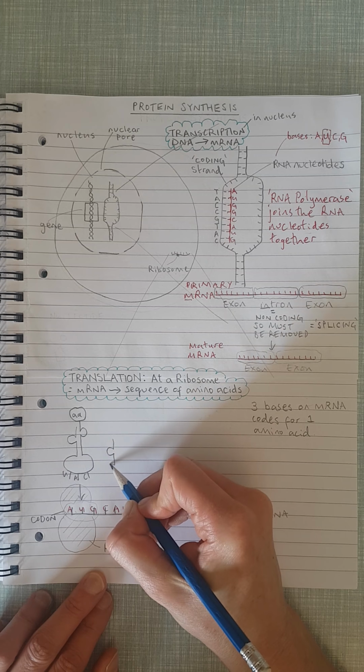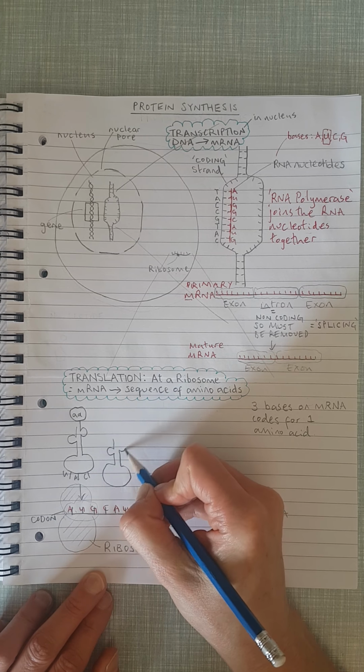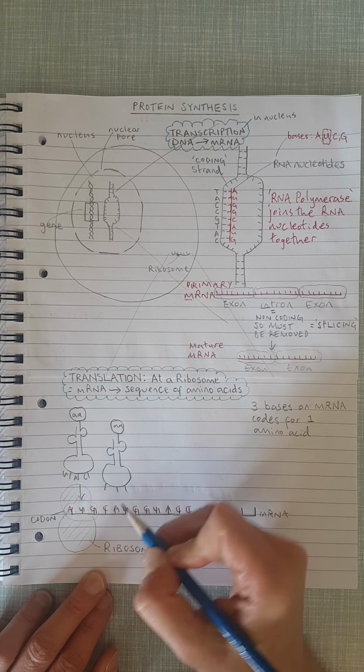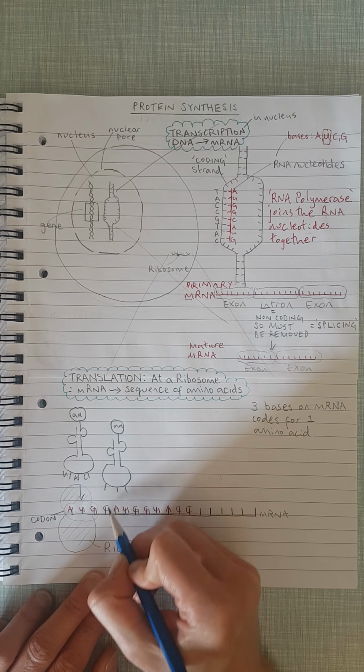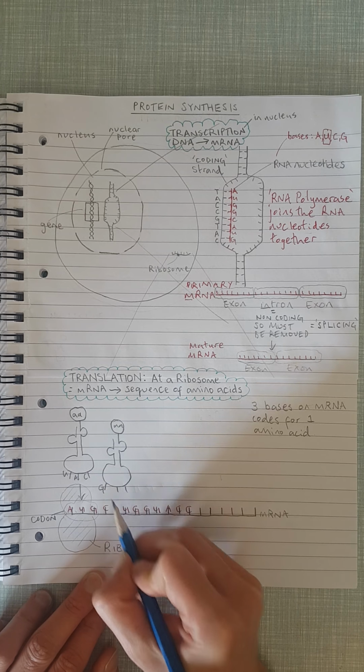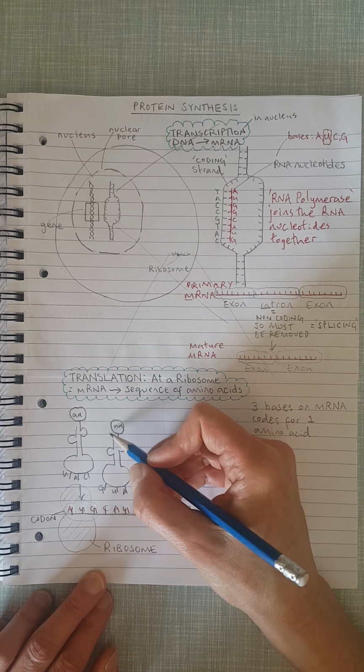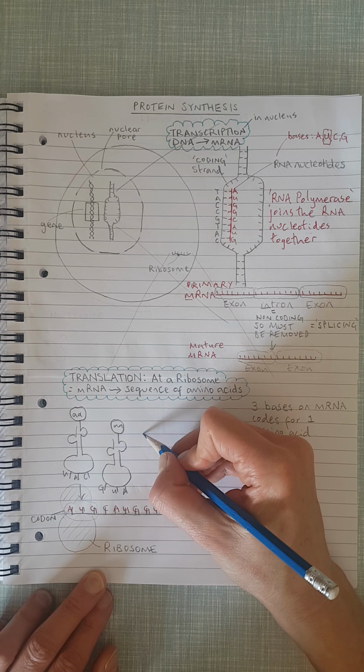And then the next tRNA will come in and it will have an anticodon that is complementary to the codon here. This is going to be G, that one will be U, that will be A, and it will hold the amino acid in place.